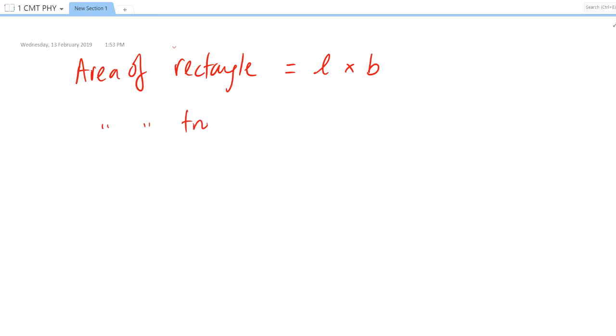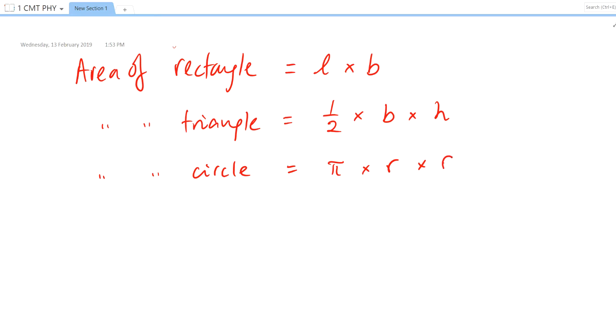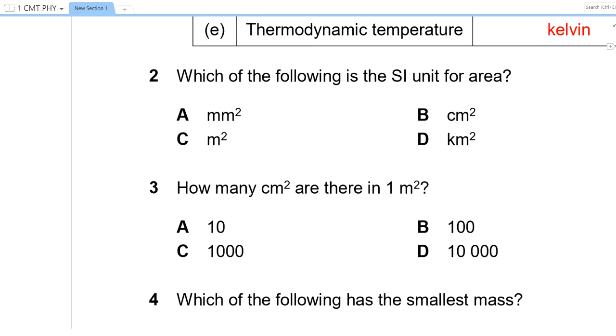Triangle? Half times base times height, right? What else do you know? Circle, okay? Area of circle. What is this equal to? Pi times? No. Radius times radius.